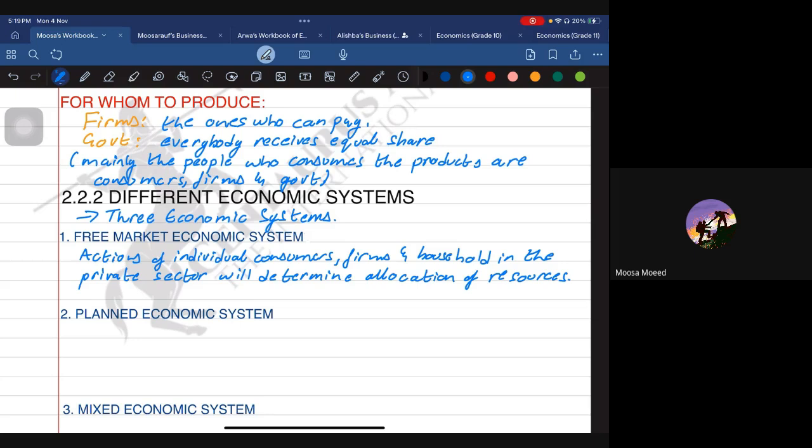Whereas when we talk about a planned economic system, this is an extreme opposite of market economy or the free market economy.